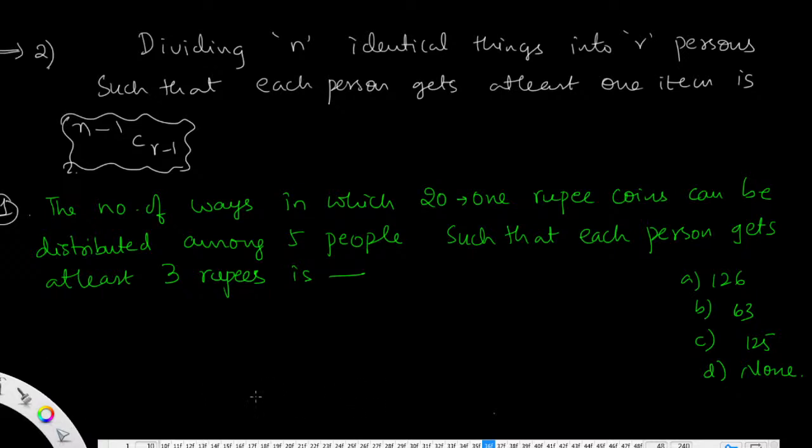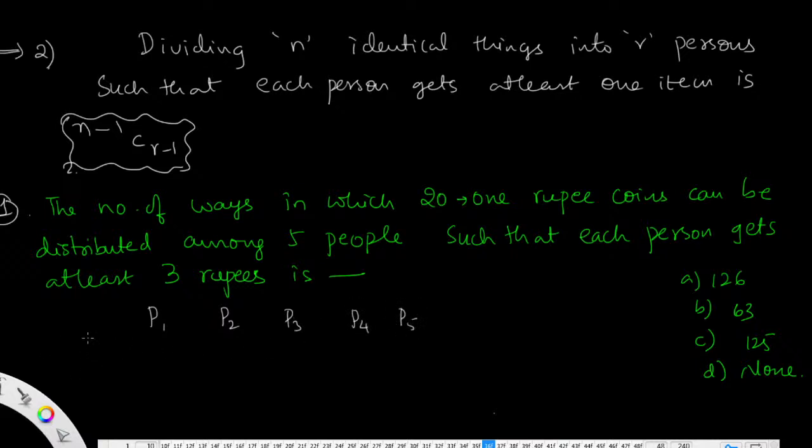So the question is the number of ways in which 21 rupee coins can be distributed among 5 people such that each person gets at least 3 rupees. How many persons do we have? 5 persons. Let them be P1, P2, P3, P4 and P5.